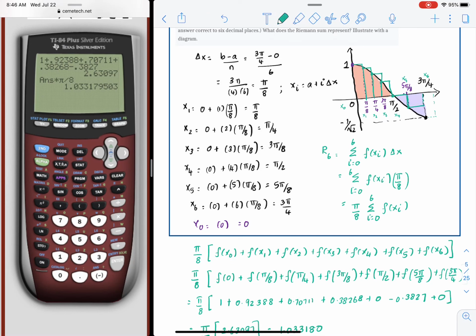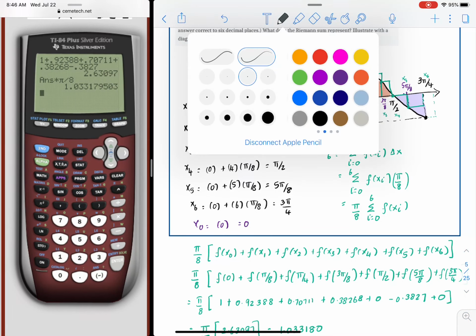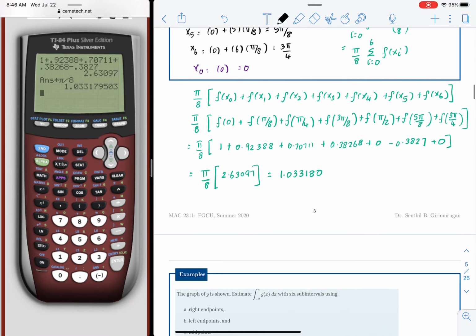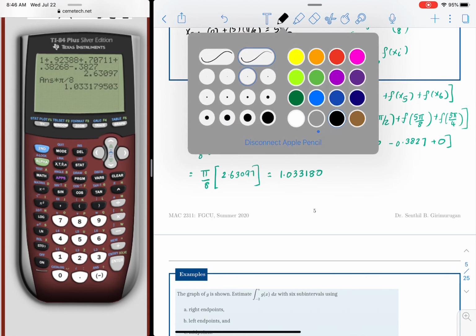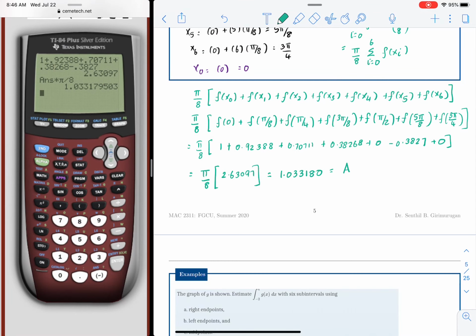So what we're finding is A1, the shaded area there, minus A2. So whatever we found using the Riemann sum is merely the area A1 minus A2.